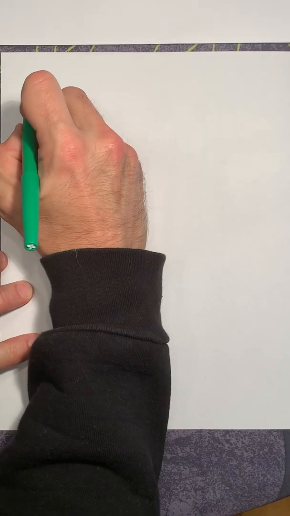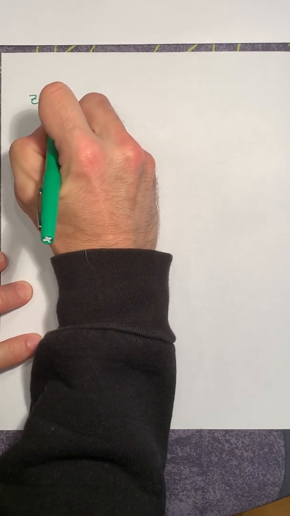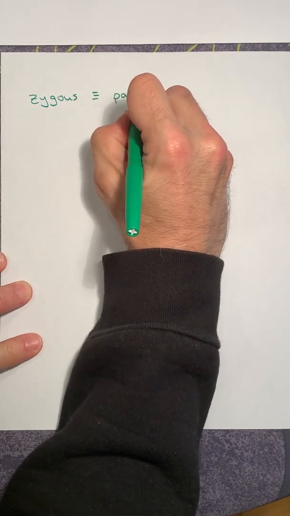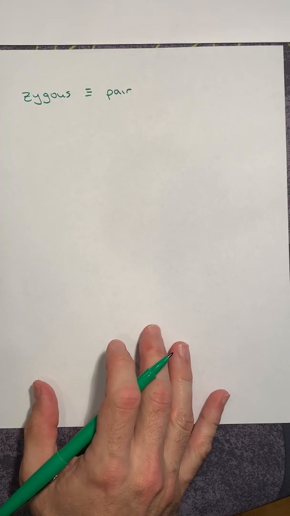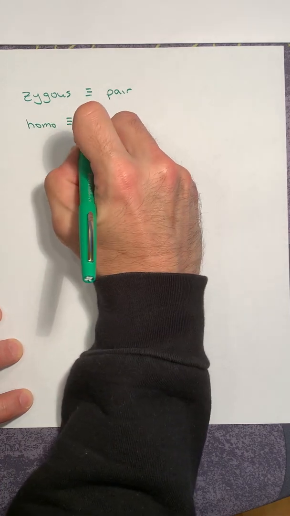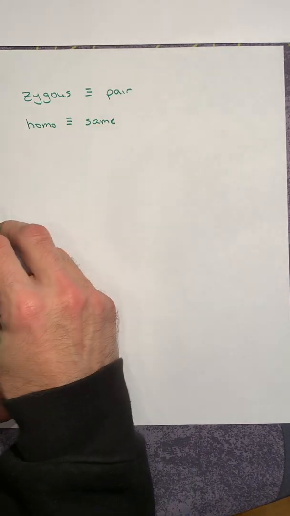So when we were talking about the big R and little r, there's of course vocabulary that's associated with that, always. There's a term, zygous. Zygous means pair. You know that all organisms carry their alleles in pairs. We get one allele from our biological mother, we get another allele from our biological father, and we carry our alleles in pairs. If these pairs are the same, they are homo, because homo is the root meaning same.